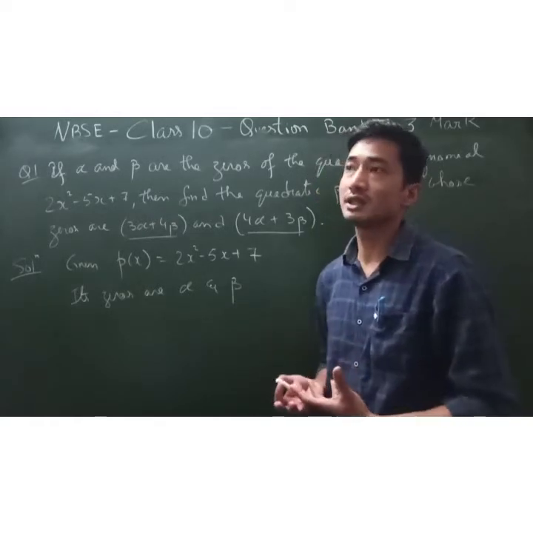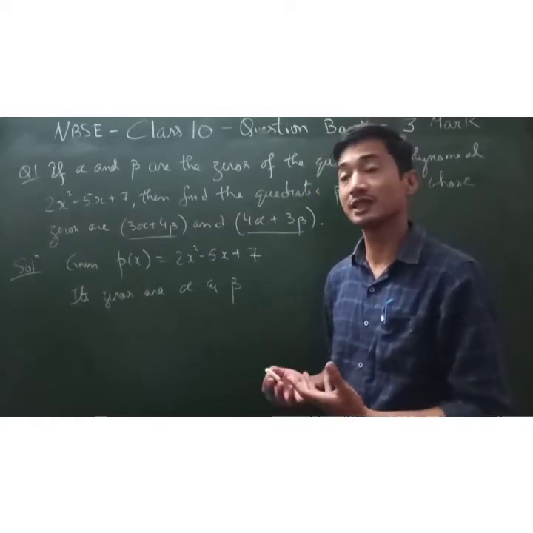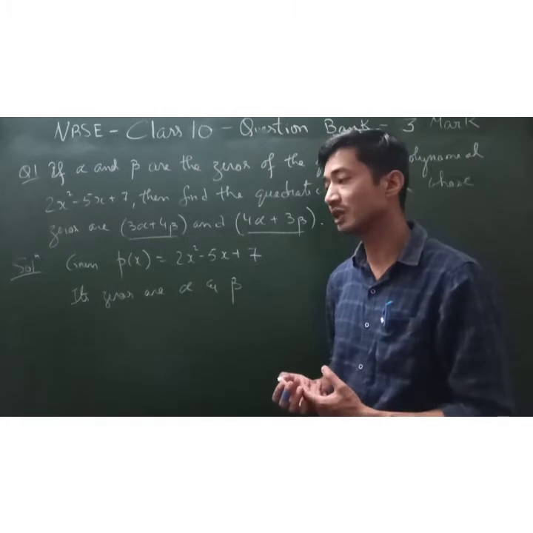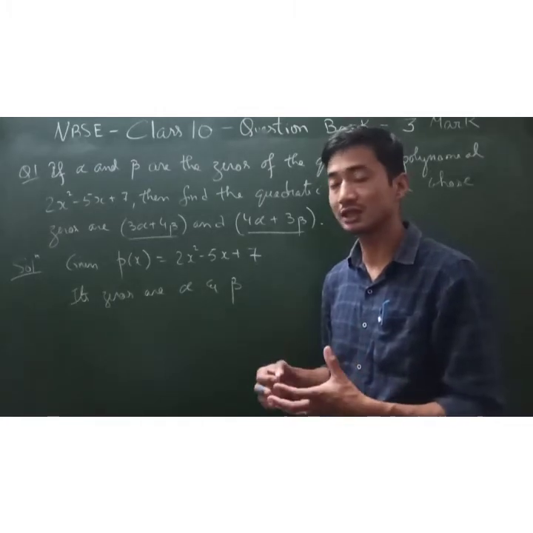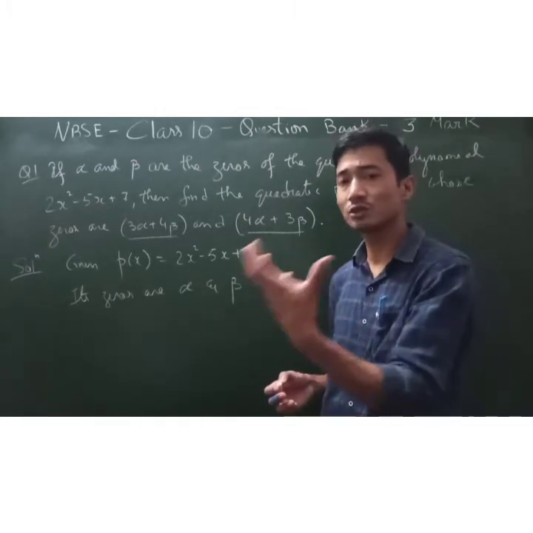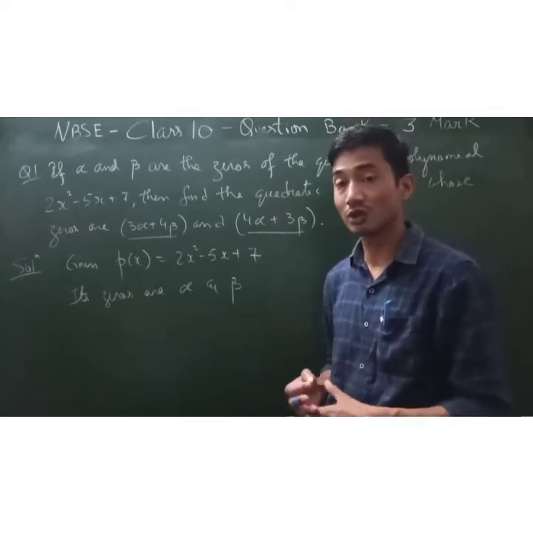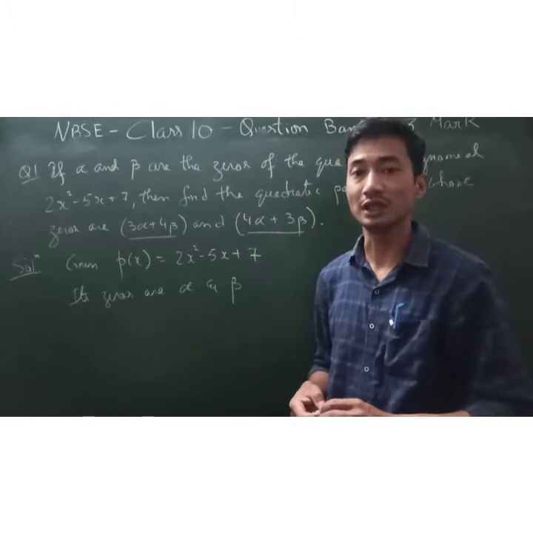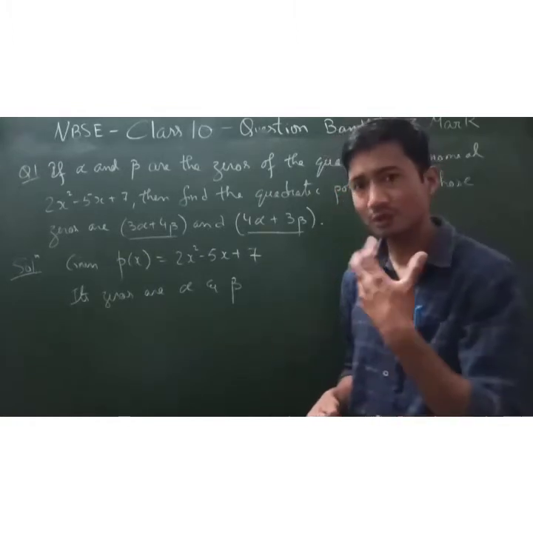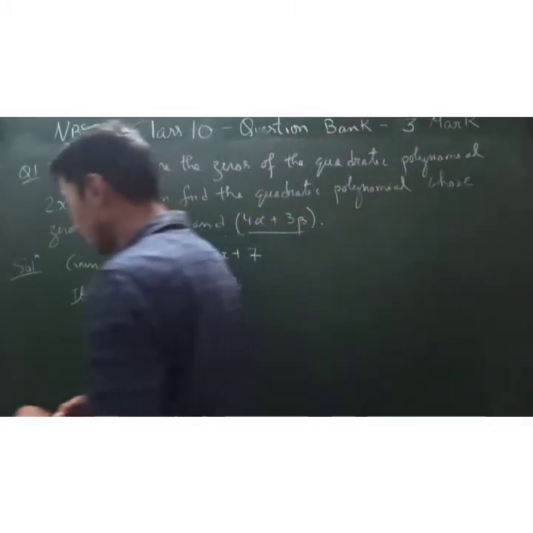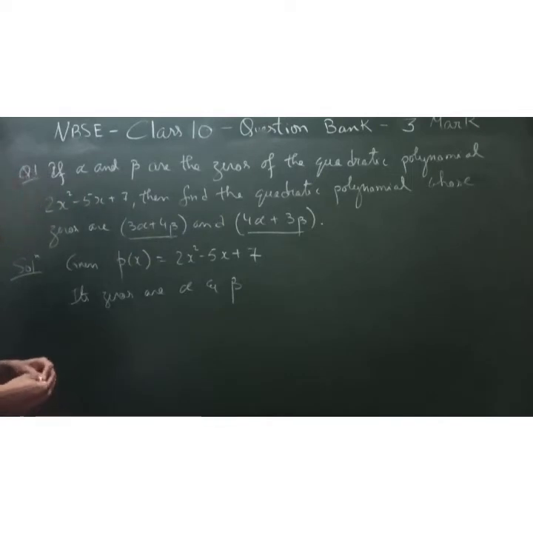Now since this is a revision part, examinations are fast approaching. I believe that you are all done with the syllabus, at least a little bit, so I will not be sticking too much into the detailed explanation. I'll just focus on basically solving the problems only, not the conceptual things.